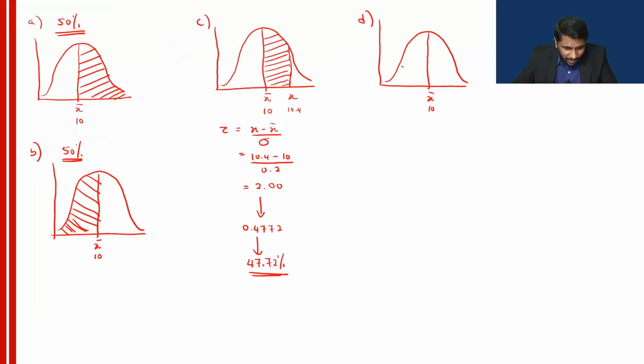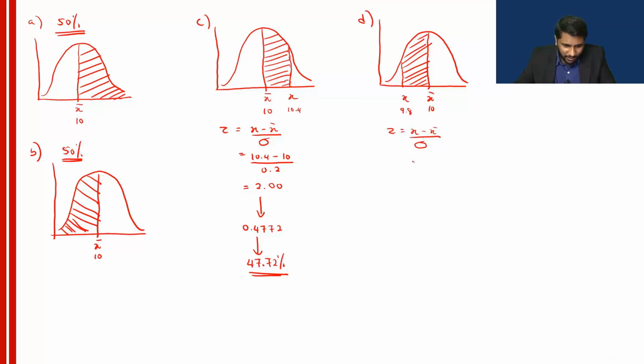So your variable is how much now? Now your variable x is 9.8. Then we have to find this area. So z equals x minus x bar divided by the standard deviation.